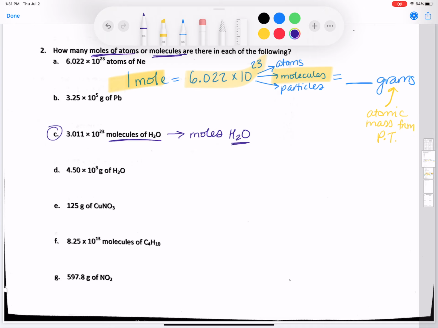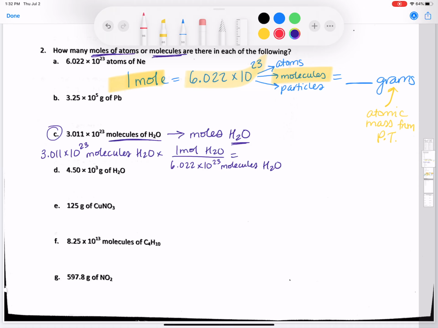So I'm going to set this up so that I start with my data, which is 3.011 times 10 to the 23rd molecules of H2O. I want to get out of molecules of H2O and into moles of H2O, so I'm going to put down 6.022 times 10 to the 23rd molecules of H2O in my denominator and 1 mole of H2O in my numerator.